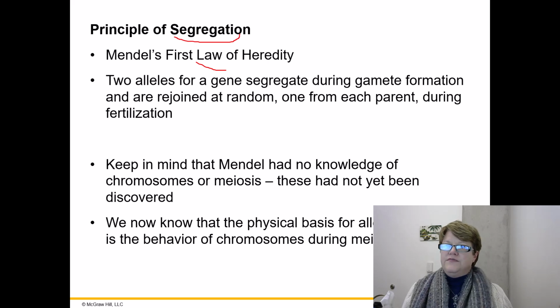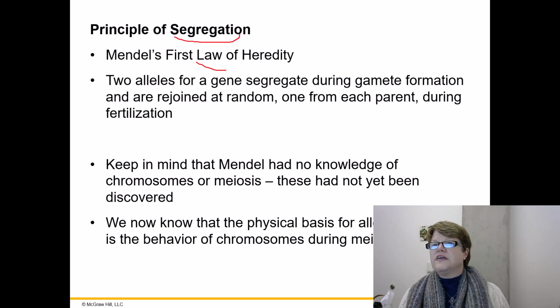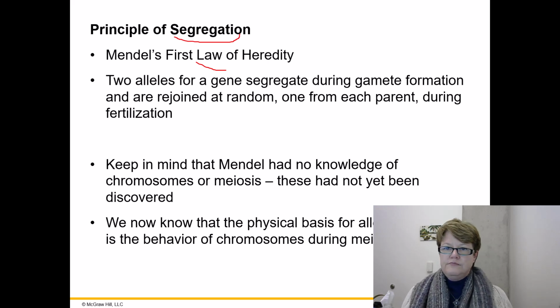So that half of the gametes get a copy of the purple allele and half the gametes get a copy of the white allele. If the 2 alleles are the same, if they're both purple, then all the eggs would have a purple allele, or all the sperm would have a purple allele. But depending on what is in the gametes, when 2 gametes randomly fuse during fertilization, that combination of 2 alleles is created in the new organism.